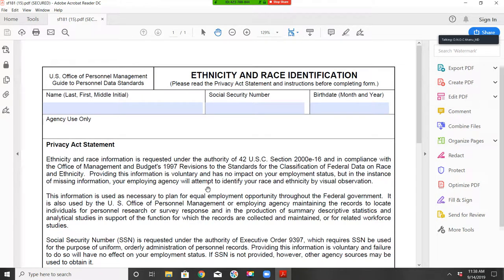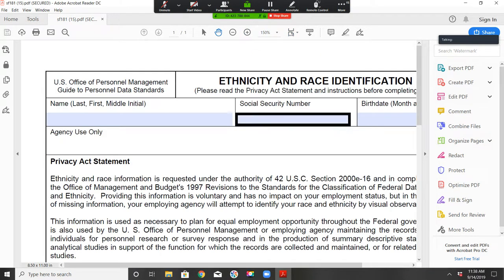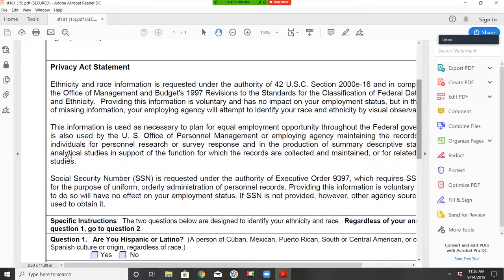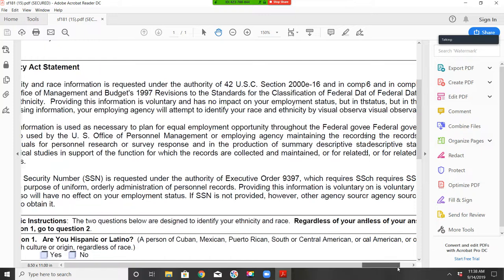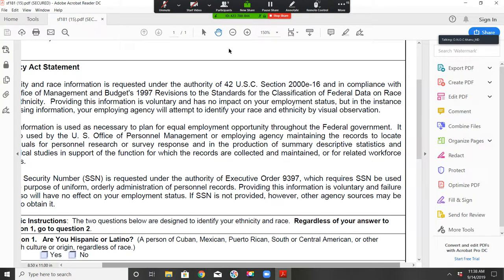The last sentence in the first paragraph: providing this information is voluntary and has no impact on your employment status.